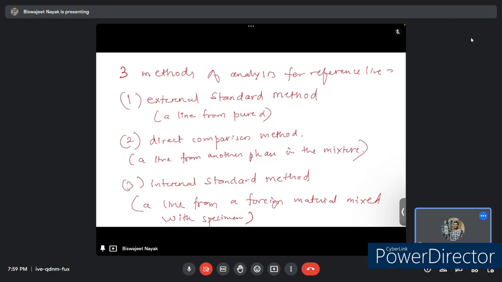Here, a line from another phase in the mixture. Third, the internal standard method. A line from a foreign material mixed with the specimen.